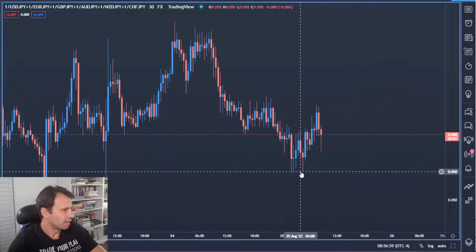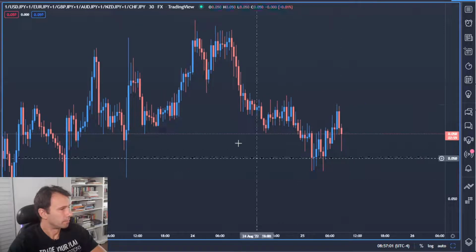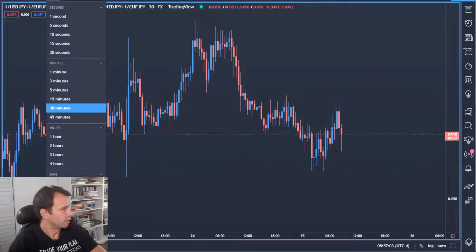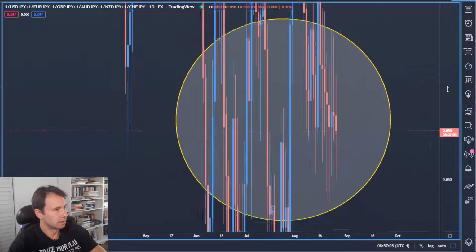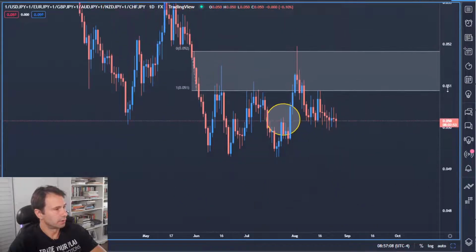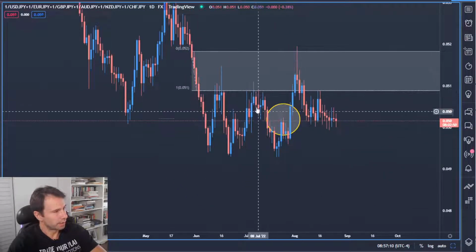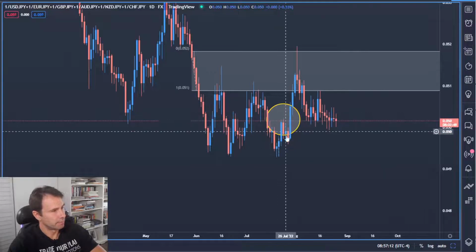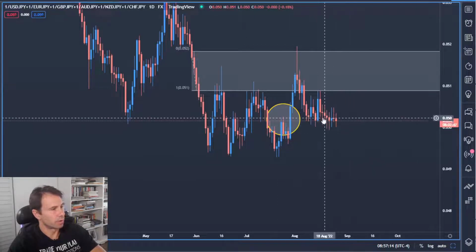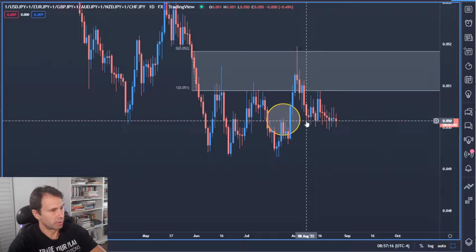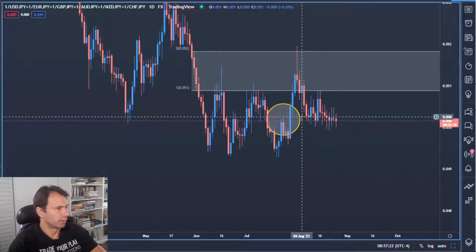We'll see how the yen is very sideways, at least here. Let's go to the daily. I have this bullish pattern here, the break of this pivot and then the retest. Right now we're here, we've been here for almost 3 weeks, 2 weeks I would say.